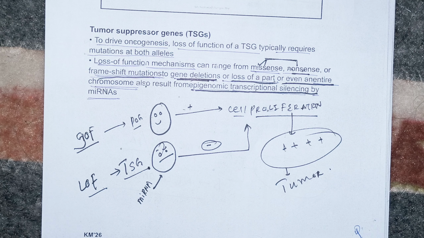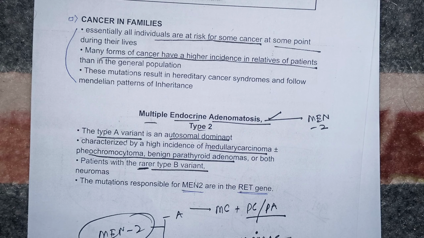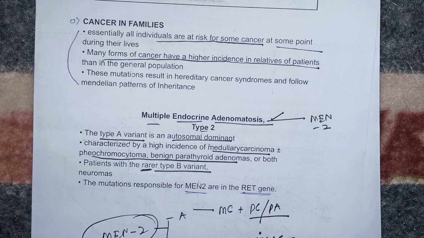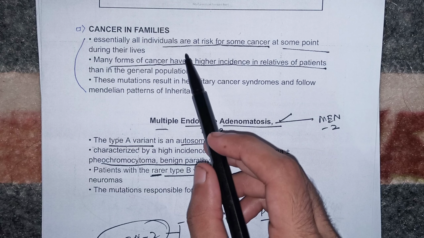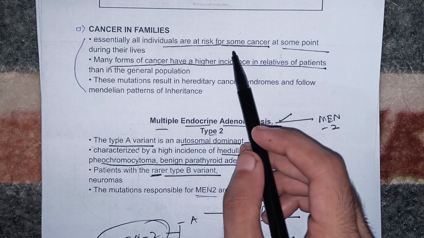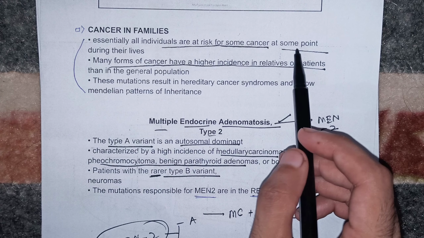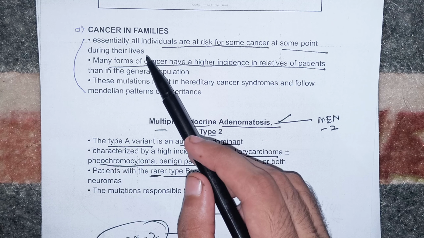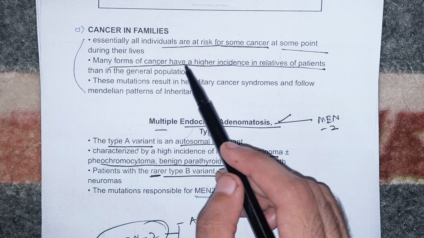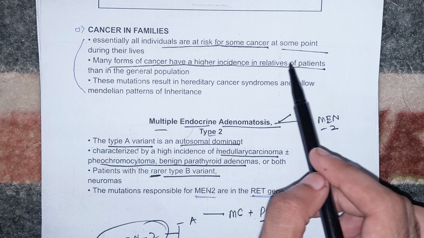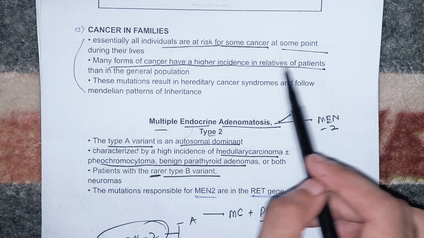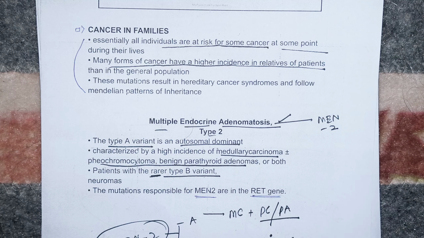So let's go a little ahead. There comes the concept of cancer in families. Remember, beta, obviously all the time you are at risk of developing some cancer at some point during your life, but there are many forms of cancer that have higher incidence in the relatives of the patients rather than in the general population. This is a very important point.